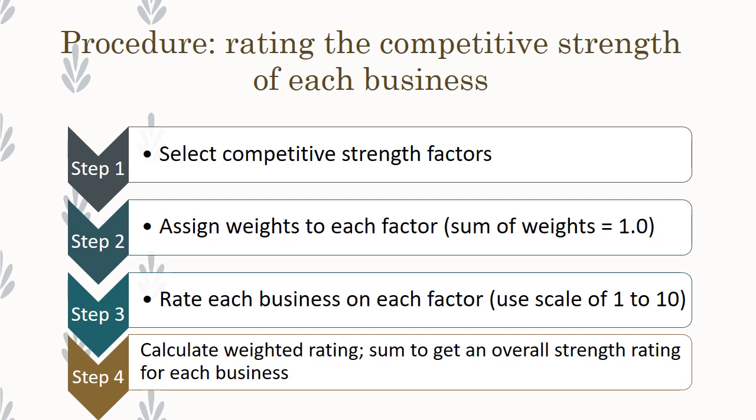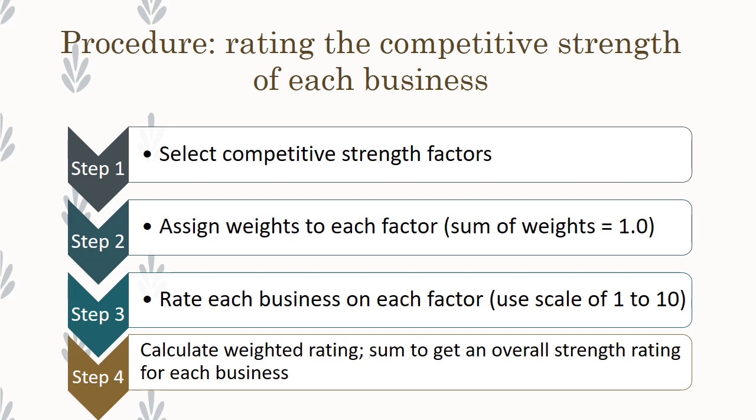And the procedure for rating the competitive strength of each business. Step 1. Select competitive strength factors. Step 2. Assign weight to each factor, with the sum of weights equal to 1.0. Step 3. Rate each business on each factor, using a scale of 1 to 10. And step 4.